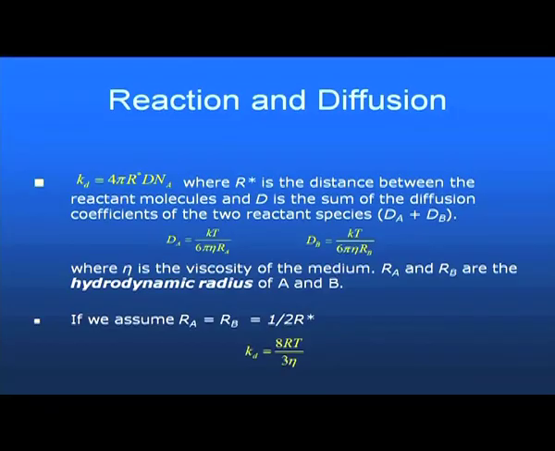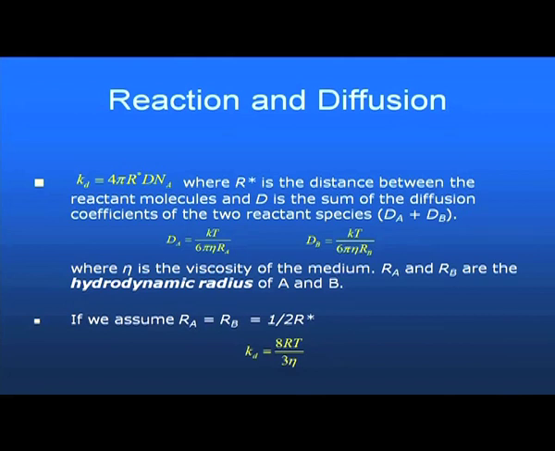So what is Kd? Kd is your 4 pi r star D, where r star is the distance between the reactant molecules, and D is the sum of the diffusion coefficients of the two reacting species.